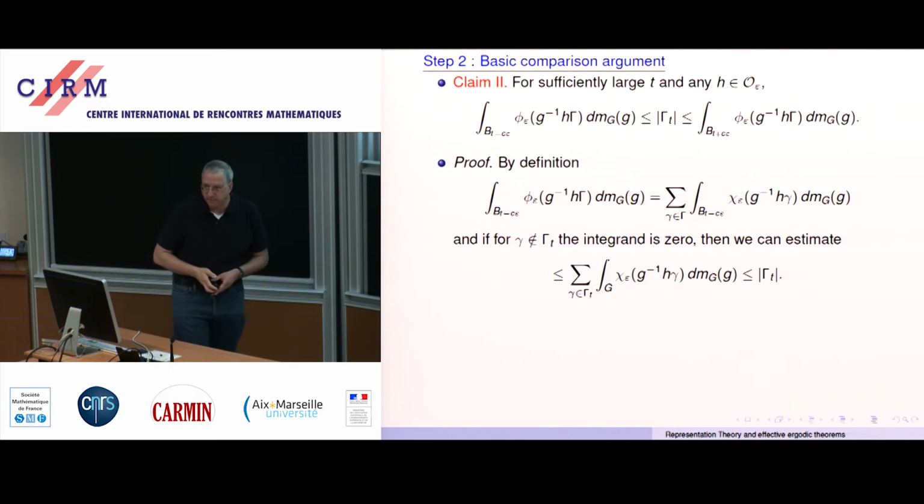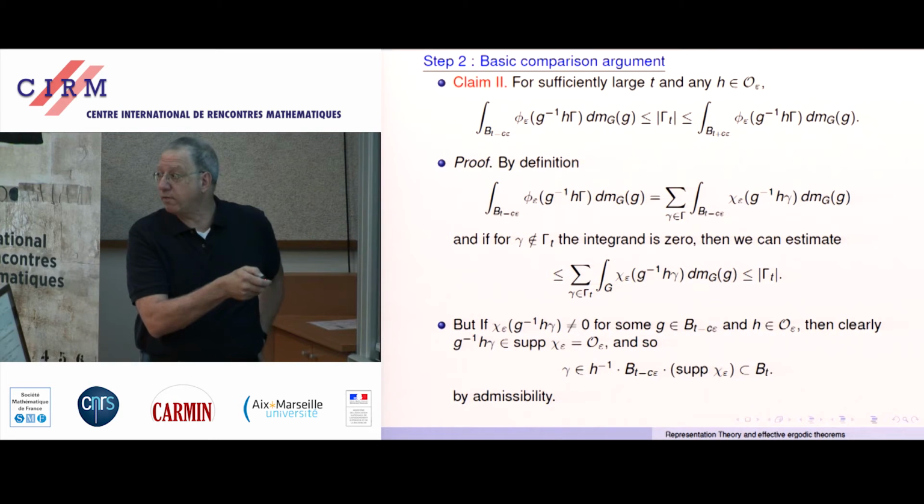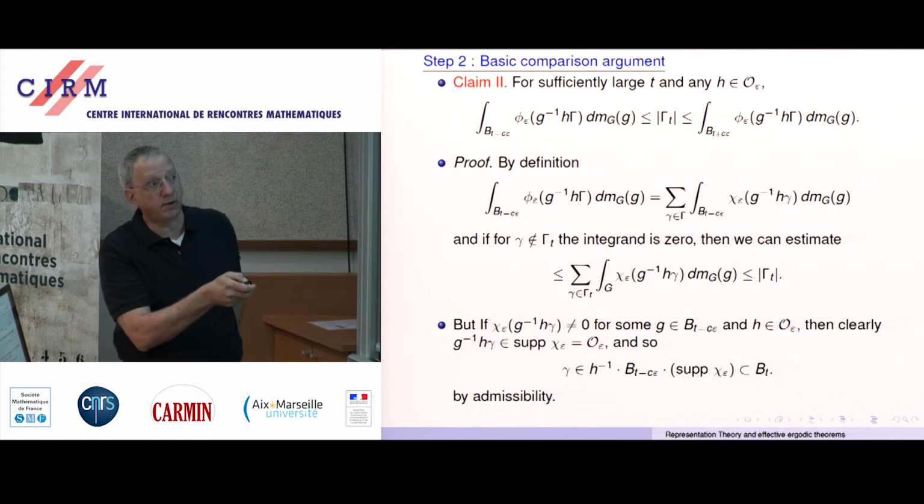So what we need to show is that this integrand is 0 unless gamma is in gamma t. And that follows immediately from admissibility, because if chi epsilon g inverse h gamma is non-zero, where g is in bt minus c epsilon and h is in o epsilon, this is the situation we're in, then clearly g inverse h gamma must be in the support of this little function. And the support of this little function is o epsilon.